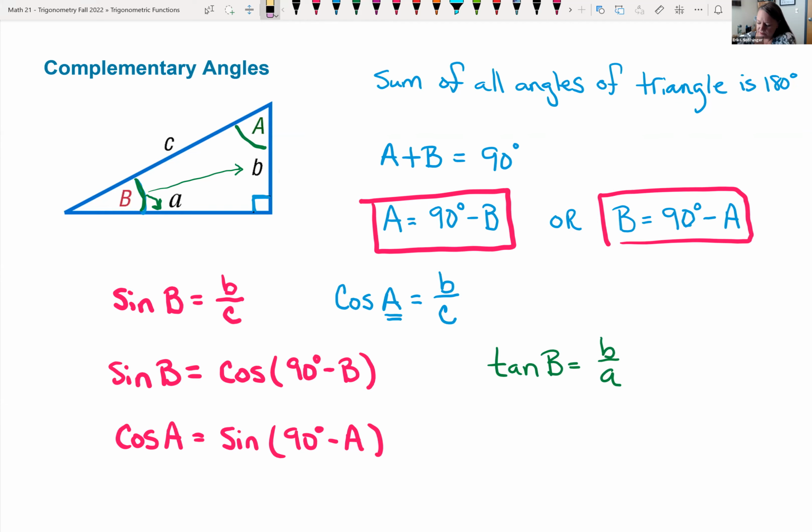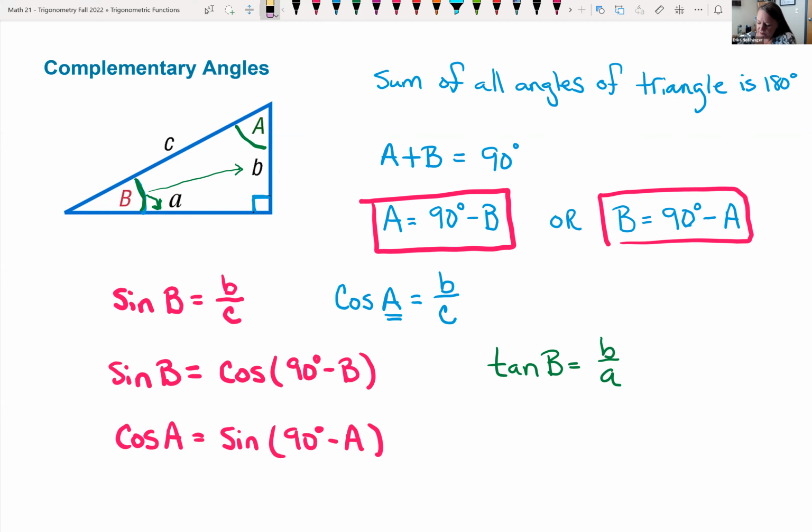Cotangent is adjacent over opposite. So cotangent of A is equal to the adjacent side, which is B, all over the opposite side, which is A.